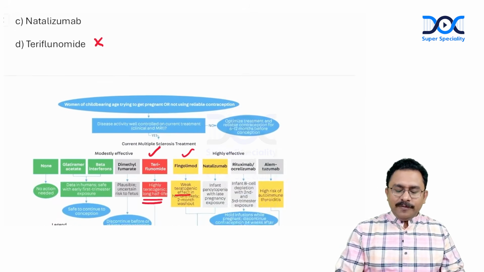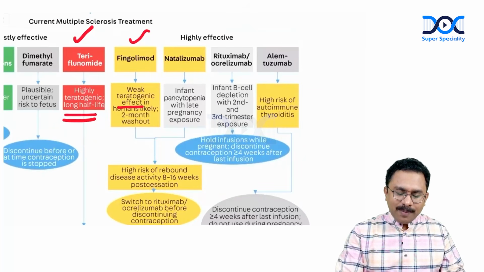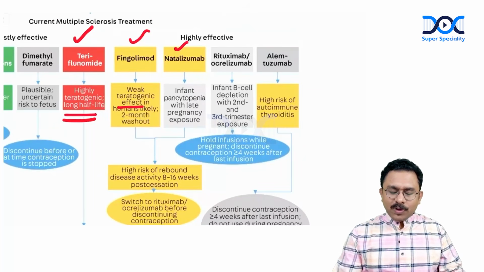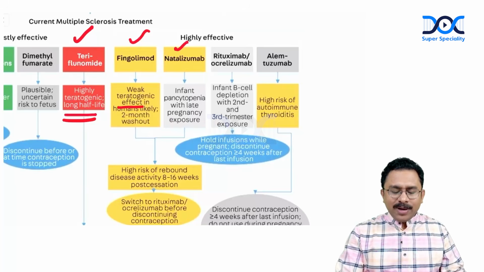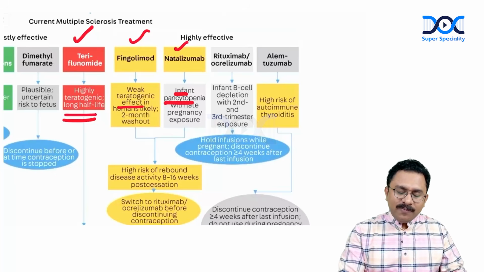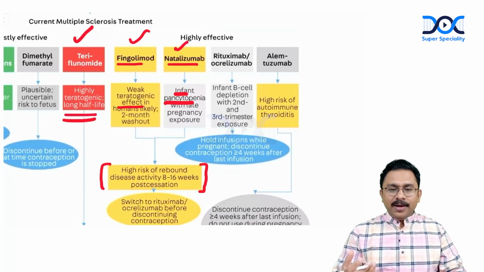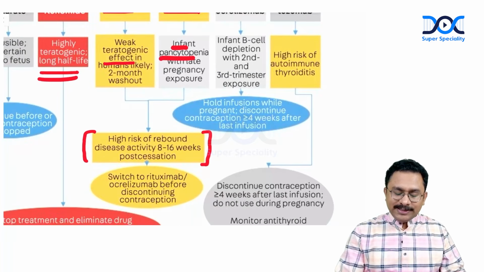But still, if you look at this, in case of natalizumab, one problem is you can have infant pancytopenia, especially with late pregnancy exposure. And along with that, one problem with both fingolimod and natalizumab is there is a high risk of rebound disease activity 8 to 6 weeks post cessation.